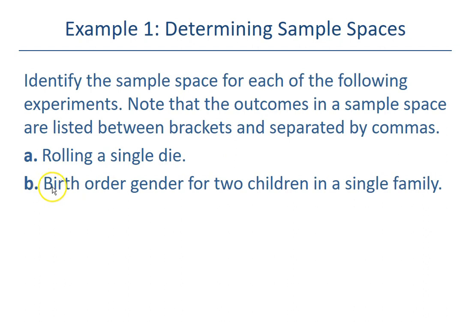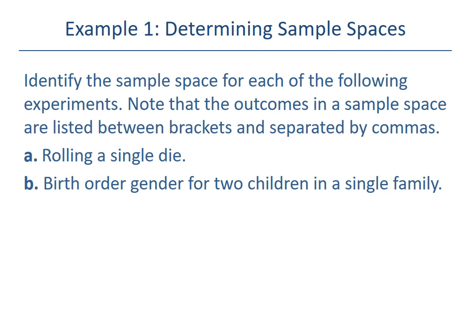How about the birth order, gender, for 2 children in a single family? Well, remember there are 2 basic genders, male and female, and as you give birth to a child without knowing ahead of time, it could be male or female.